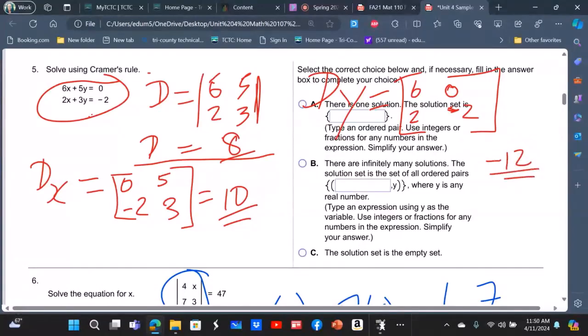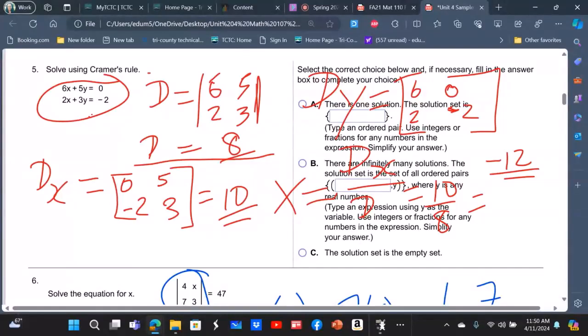All right, so now we are about to find the value of x. So what is the value of x? The value of x is dx divided by the coefficient matrix d. And my dx is 10. My d is 8. So 10 over 8 is 5 over 4.